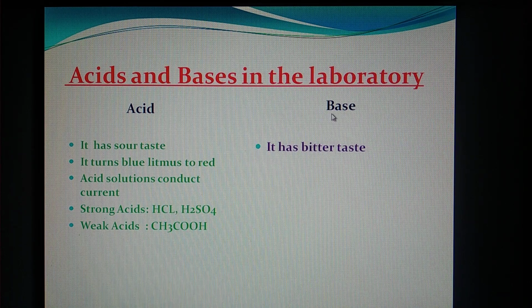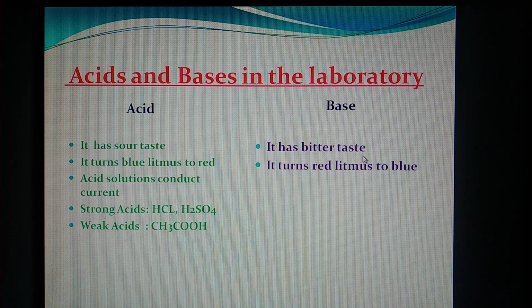Now, how does the base differ from this? Base has a bitter taste. It is opposite to the acid. It turns red litmus to blue. Like acids, bases are also good electrolytes, which means they conduct electric current through them.